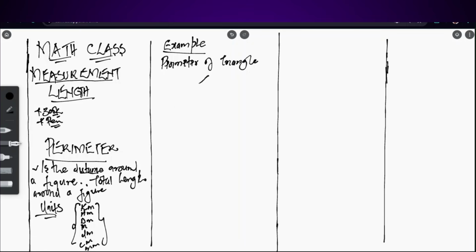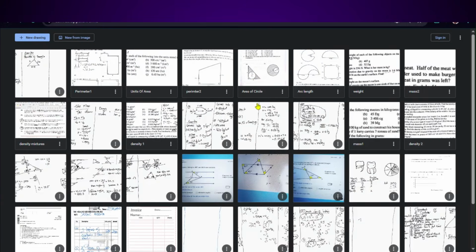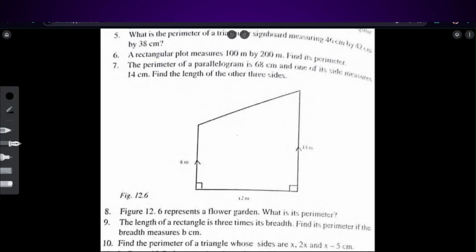A triangle is a figure that has three sides. So one side is x, the other side is 2x, and the other one is x minus 5. Let me confirm the perimeter of x, 2x, and x minus 5.